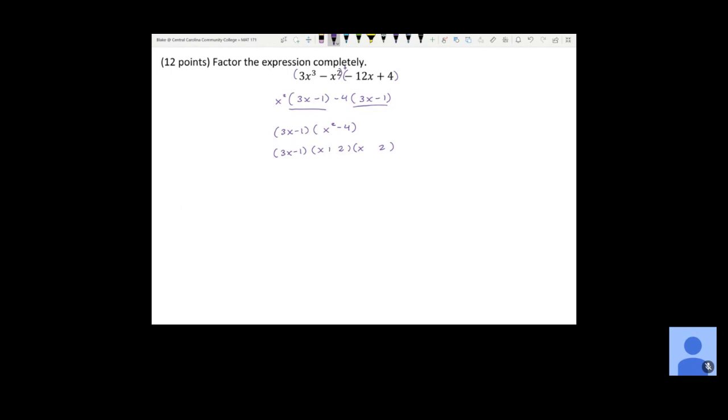And because we need the middle terms to cancel out, one's going to be positive, one's going to be negative. Again, you would always look at all of your terms, make sure there's no more common factors. 3x minus 1, x plus 2, x minus 2. Nothing else we can do to factor that. And so this right here would be our final answer now. Any questions on that one?